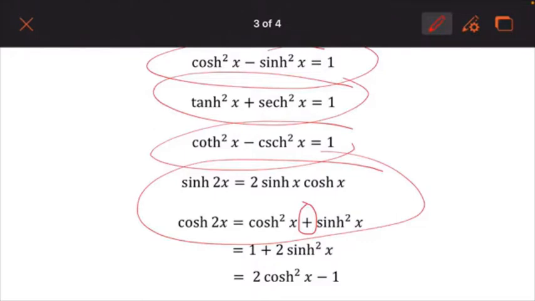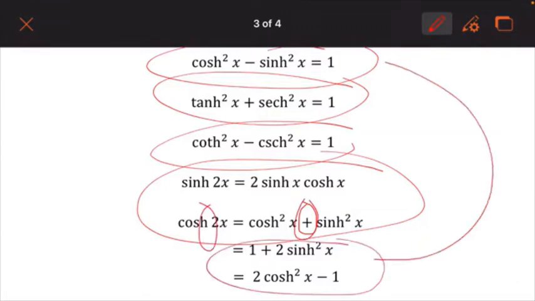In the hyperbolic cosine, it's plus. And these are, I think, derived from the definitions, by substituting them and then transforming.